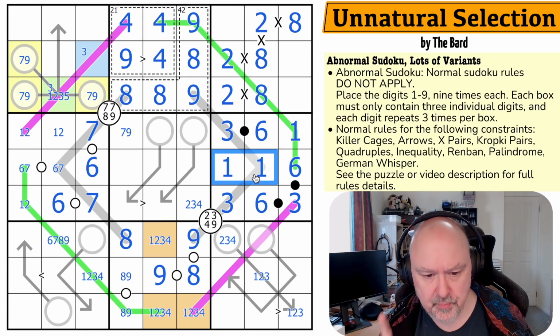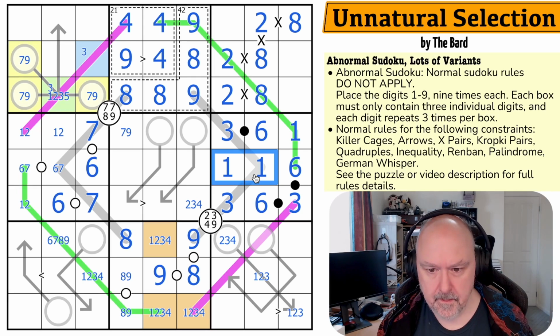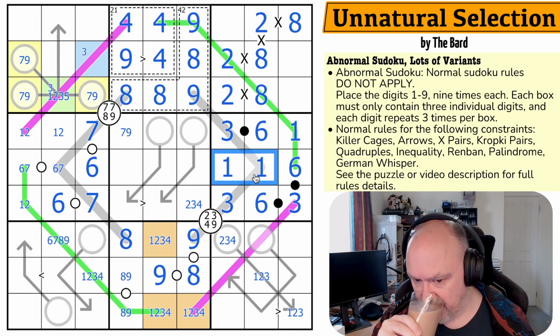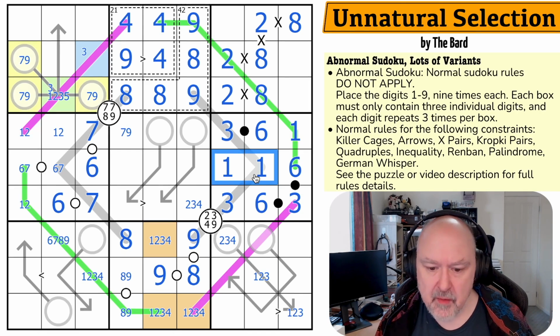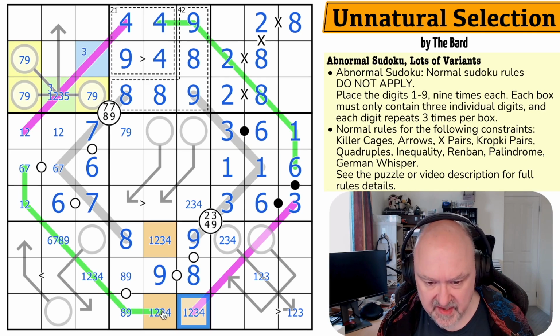So now I've got 2 boxes with 6s in them. But now I've got a 3 on this Renban already, so I can take 3 out of those.